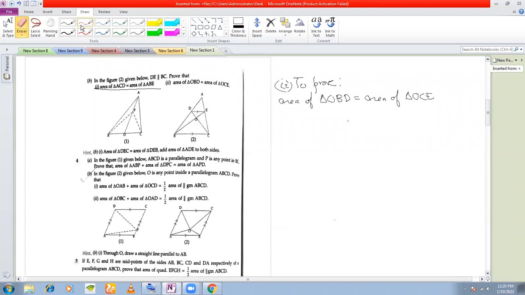So what are the triangles that I'm talking about here? OBD. Can you see this triangle OBD? This triangle is equal to area of triangle OCE. You need to prove that the area of these two triangles are equal, right? How will you show?